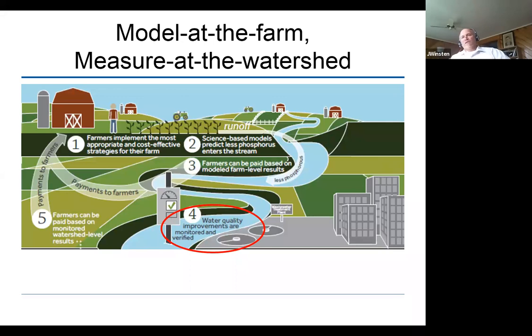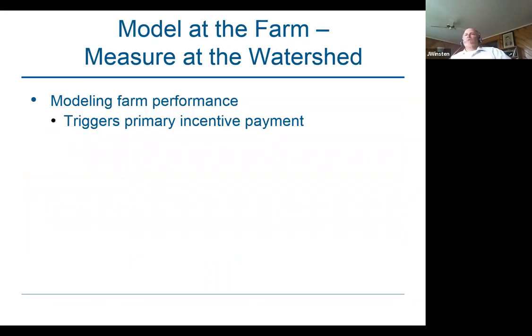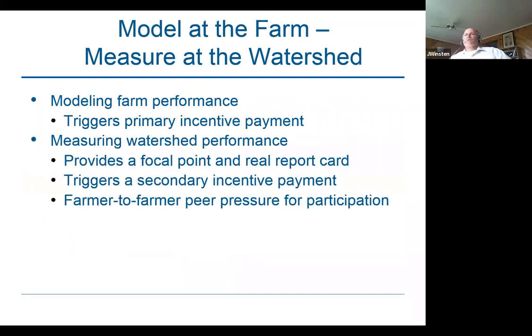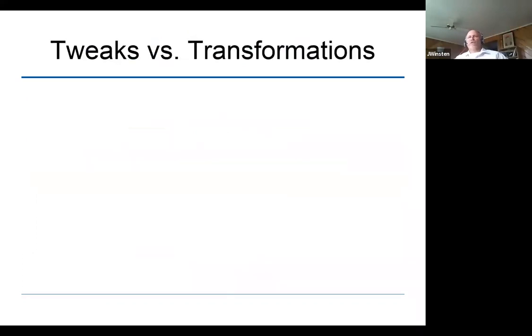We're trying to move the needle down there. And that might be more than any farmer can bring them. So the modeling triggers the primary incentive payment, as I've been describing earlier, and then the measurement at the watershed level provides a focal point, a real report card. It triggers a secondary incentive payment and the farmer-to-farmer peer pressure, as I just mentioned.